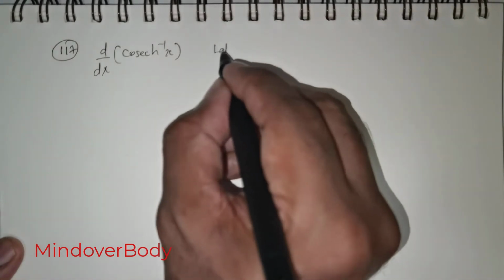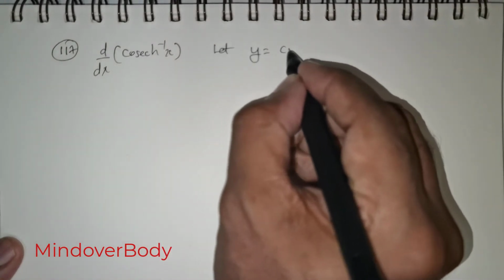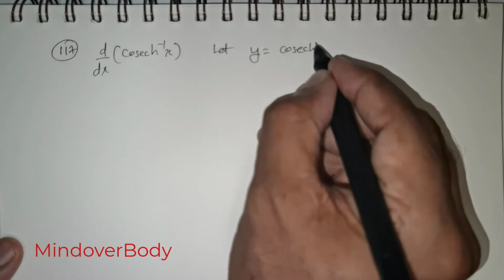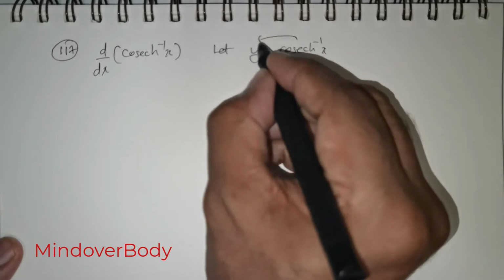So the final one when it comes to obtaining the differentiation of inverse hyperbolic function is cosecant inverse of x. So how are we going to do that? Foremost, I'm going to say let y be equal to cosecant inverse of x. I'm moving this.